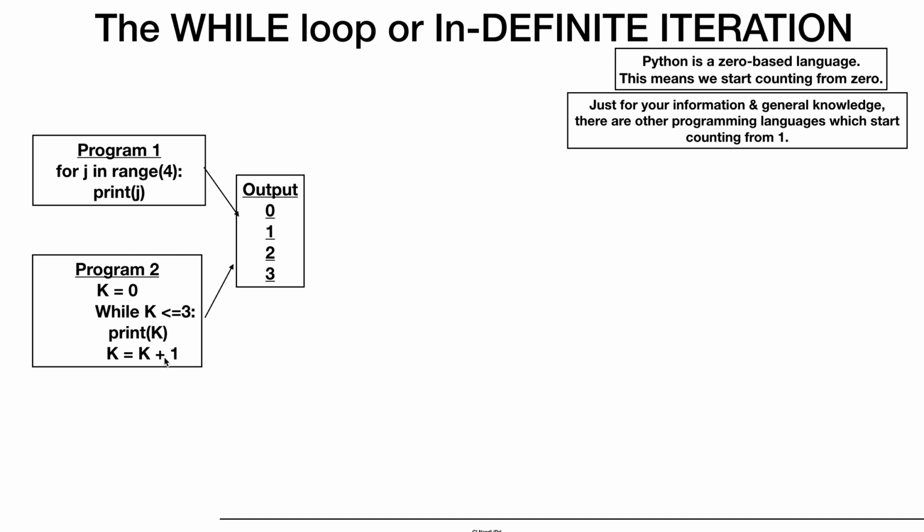So these two statements are executed again. Print k, k is 3, k equals k plus 1, so k becomes 4. Go round the loop again. While k is less than or equal to 3, well, k is now 4, so it's not less than or equal to 3. So these two statements are not executed, and the control of the program drops out of the while loop.